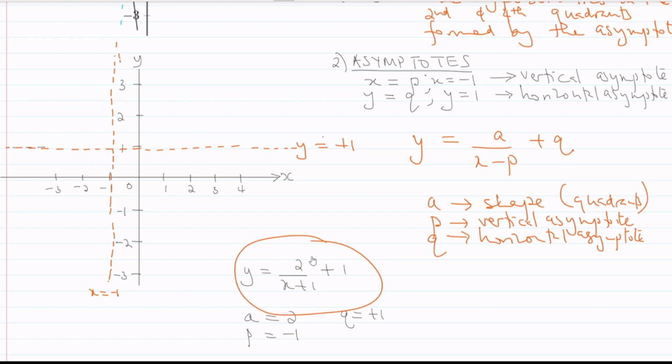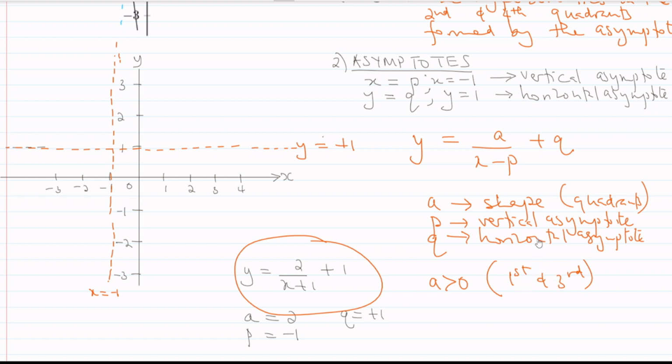So 2 is a positive number. A is greater than 0. So you will find that our graph is in the first and third quadrant, like we mentioned earlier. When a is positive, it is in the first and third quadrant.